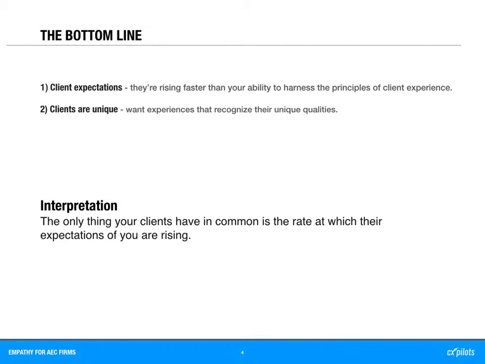The bottom line really is that you do this because your clients' expectations are rising faster than you're likely able to keep up with. And all of your clients are unique, so you can't really create one systematic approach to dealing with every client, because their circumstances are always going to be different, and you either adapt to that or you don't.